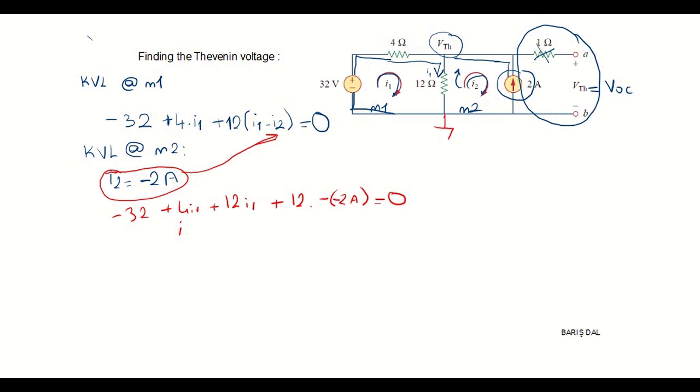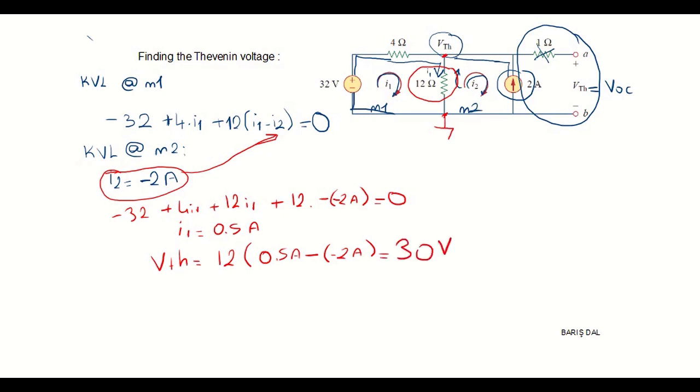Then I1 is equal to 0.5 amps. Then the Thevenin voltage is actually the voltage across the 12 ohm resistance, because this is the Thevenin voltage and this is the ground. So the Thevenin voltage is equal to 12 times I1, which is 0.5 amps, minus I2, which is minus 2 amps, which is equal to 30 volts.